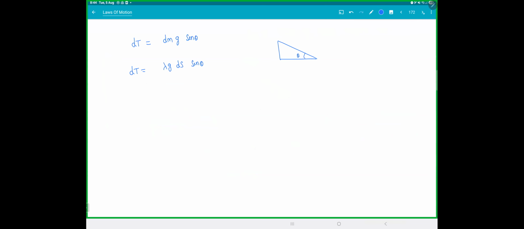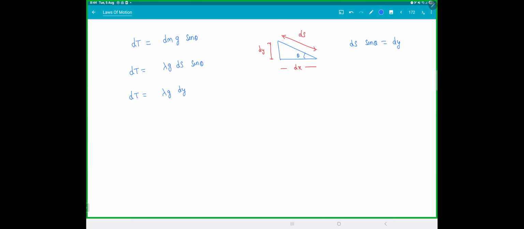This is theta. This was ds. This is the vertical direction dy, and this was your dx. So from here we get ds sine theta is nothing but dy. That means you get dT is equal to lambda g dy.